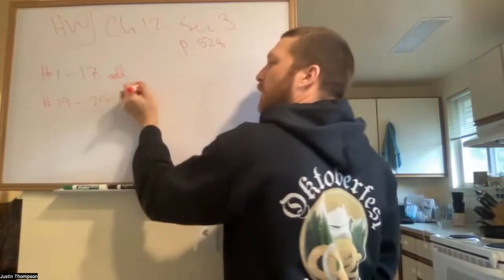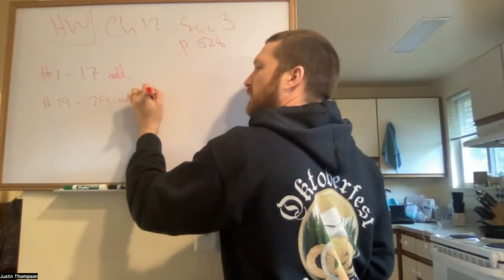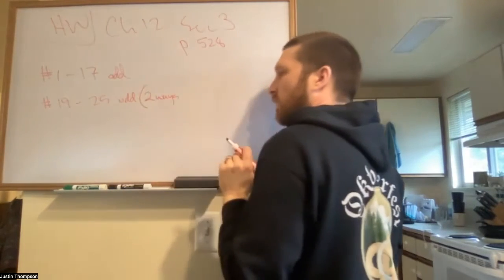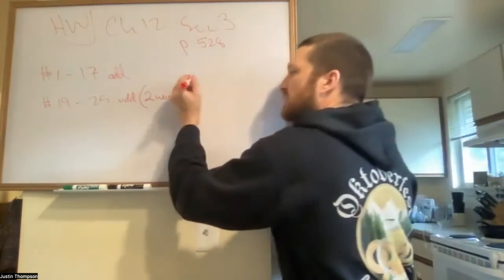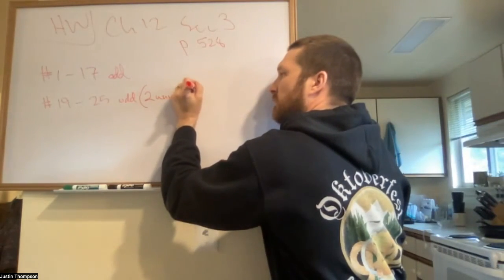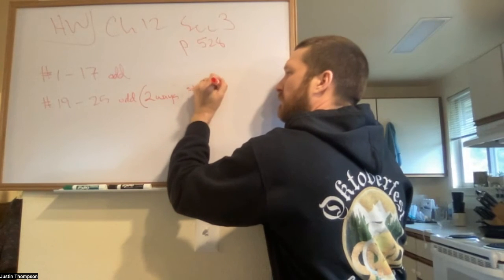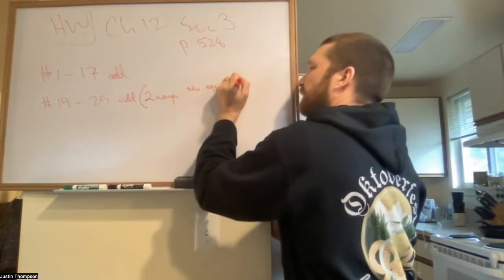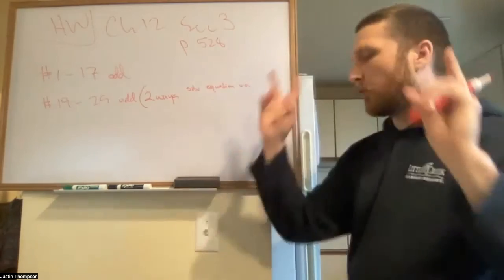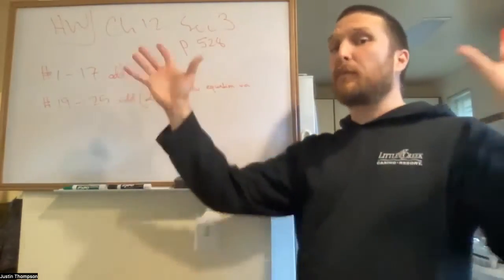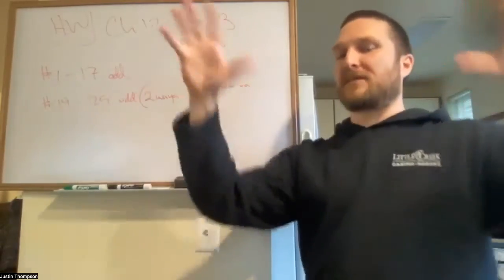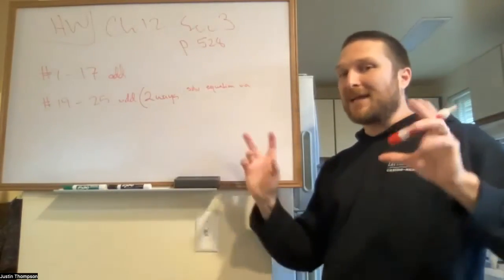And this is the one where I want it two ways. That's by explicitly solving the equation. We'll call it raise both sides. Like it used to be, we say cube both sides or square both sides, well, now we're going to say raise both sides.